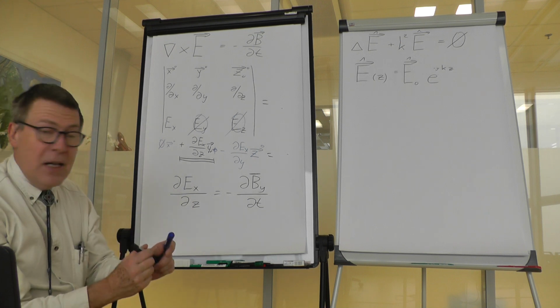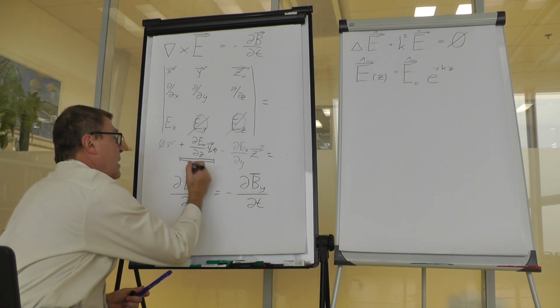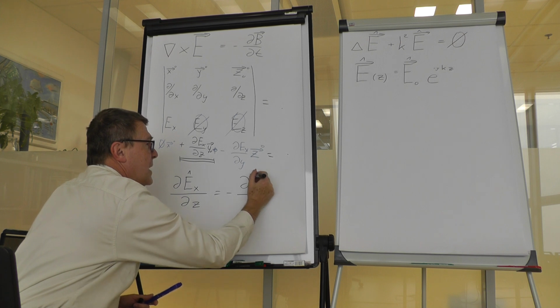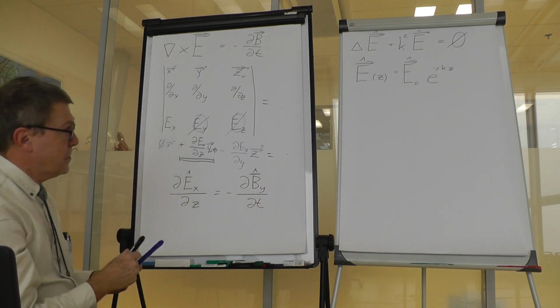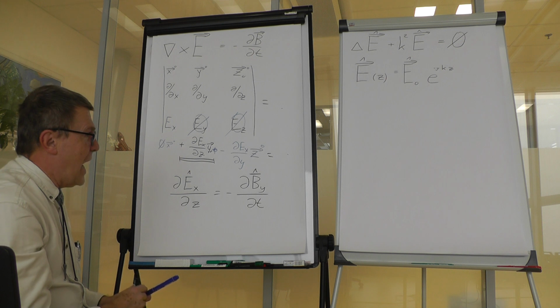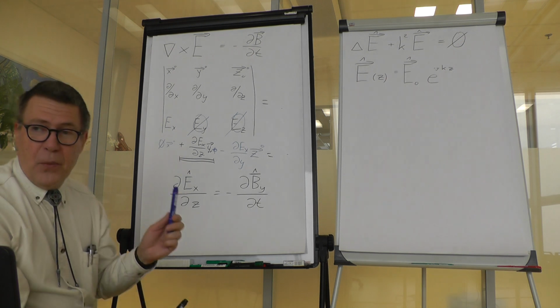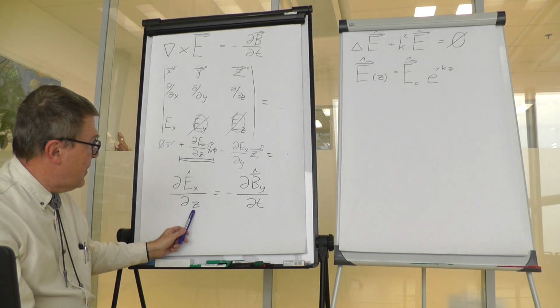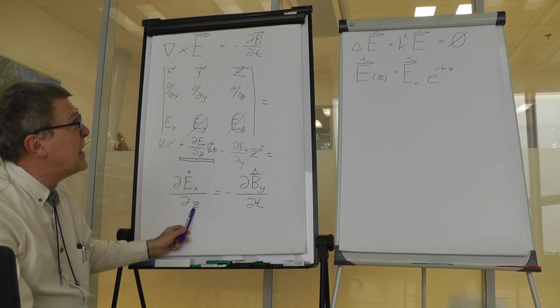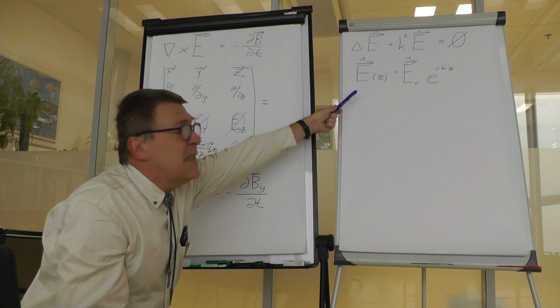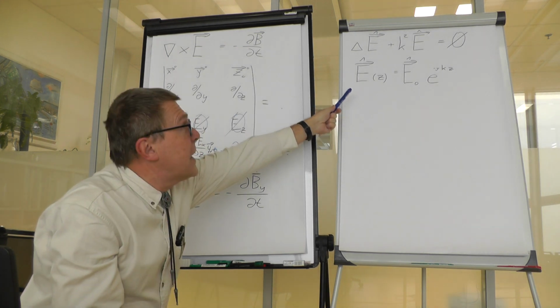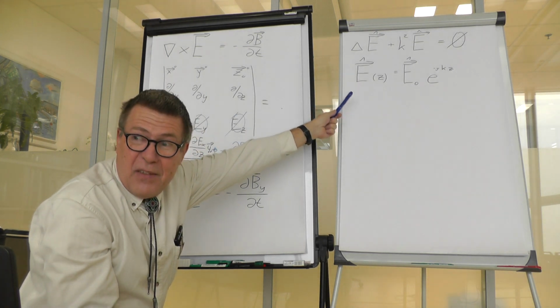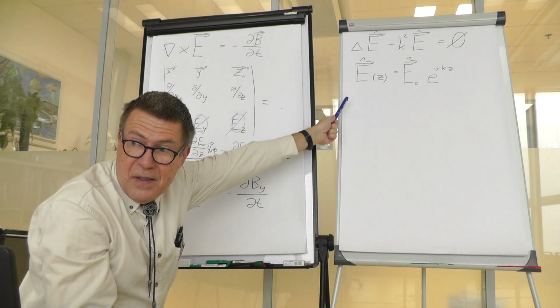So yes, if we make these phasors, we arrived at something which we can handle easily. First, remember, this is a derivative of Ex against z, but we know the z dependence, so we can carry out the derivative.